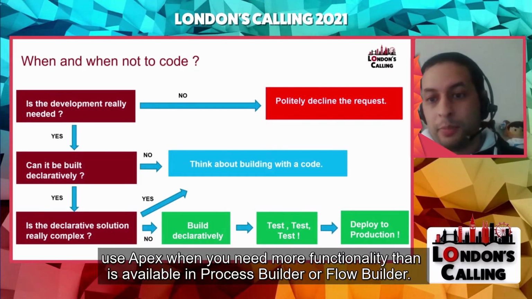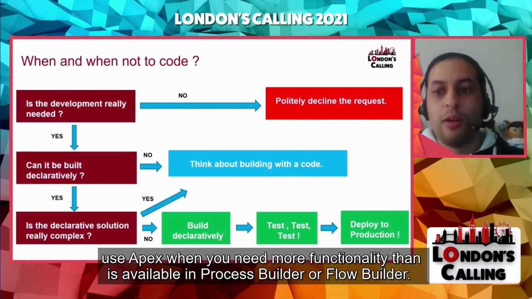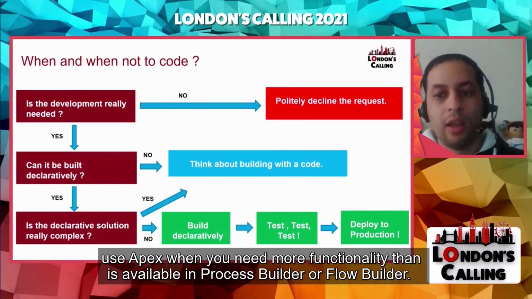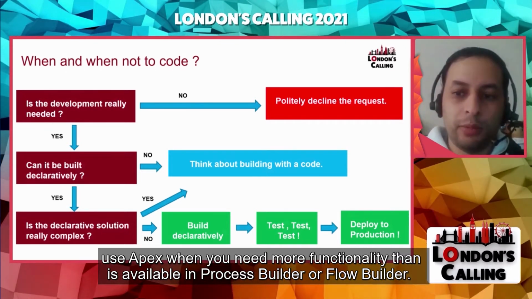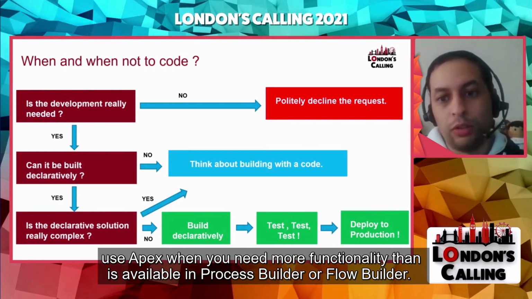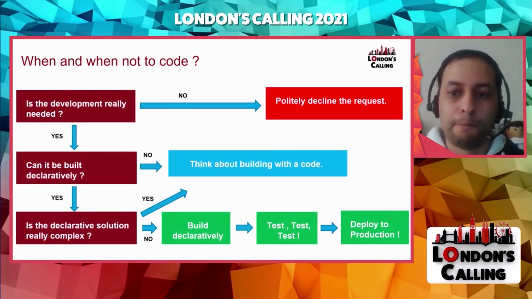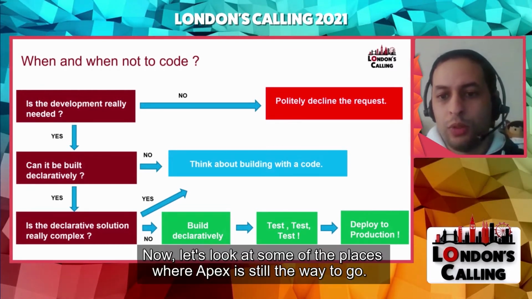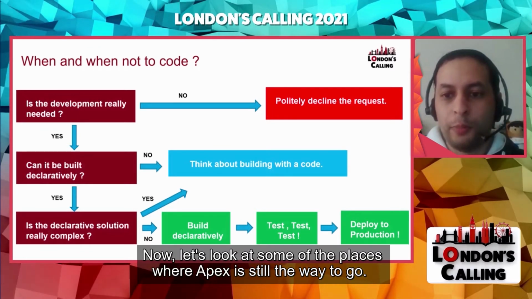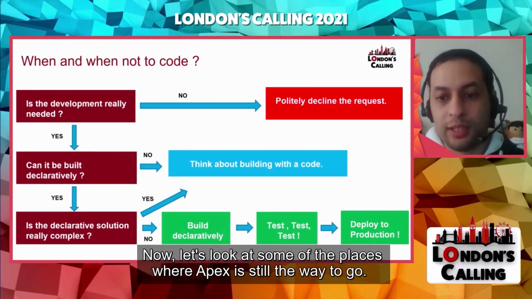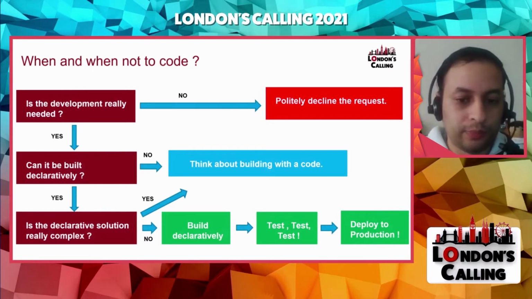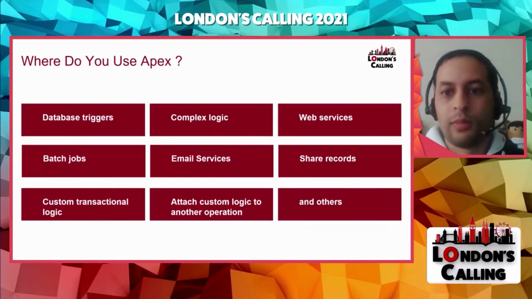Use Apex when you need more functionality than is available in Process Builder or Flow Builder. So now let's look at some of the places where Apex is still the way to go.